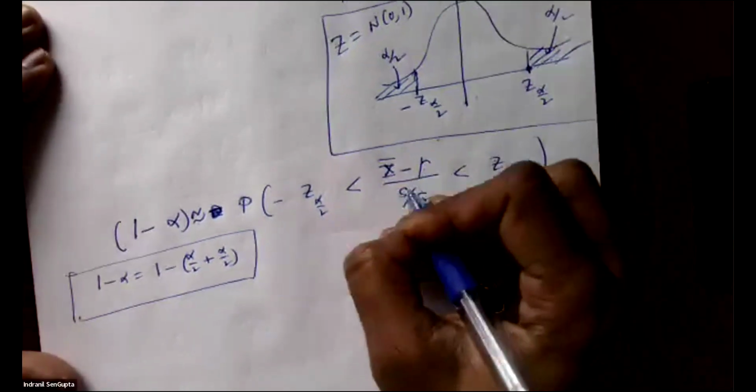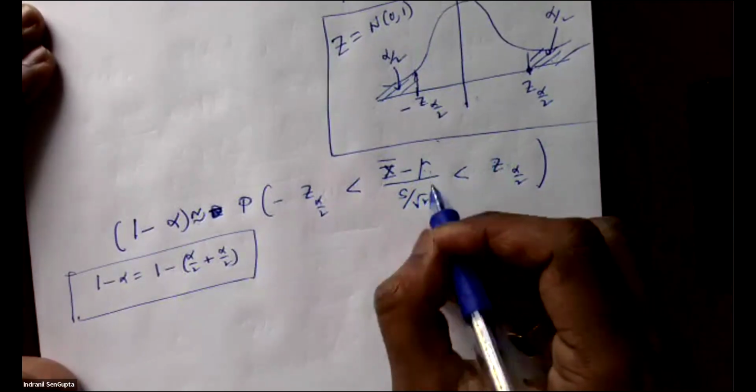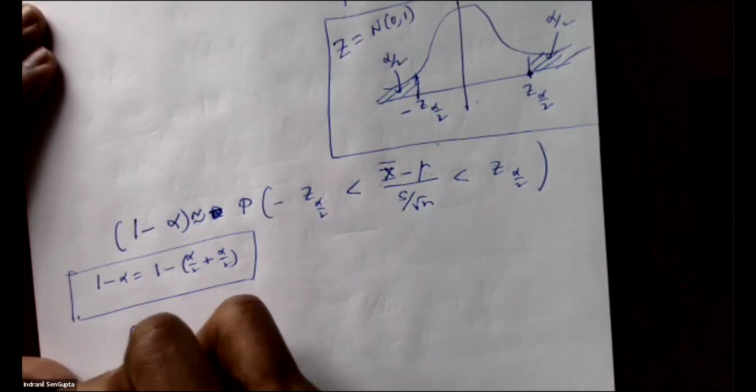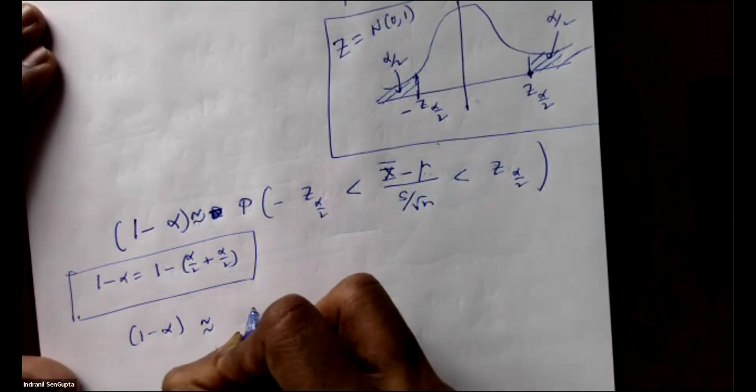Using the previous calculation, now I'm trying to get an estimate of mu. So 1 minus alpha is approximately equal to the probability of this.